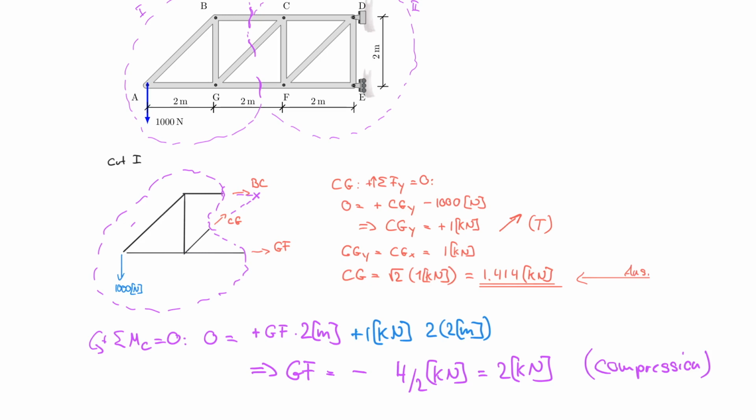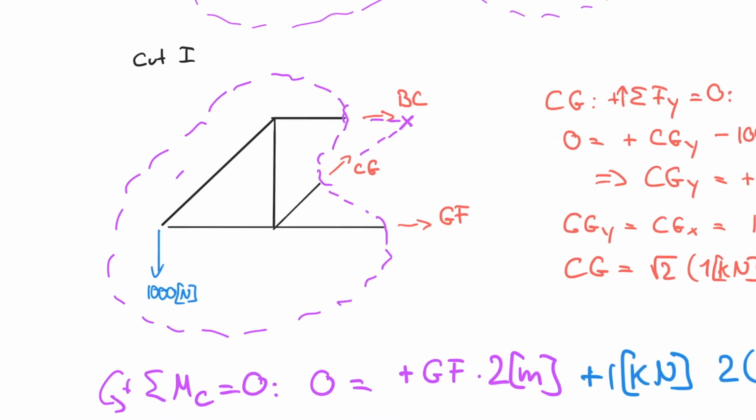So GF technically, if I go back in here, let me take a faint green pen and say that GF is actually going in with 2 kilonewton here. And now I could use the sum of the forces in the x direction to put this in equilibrium with this and this. And let's actually give that a try.